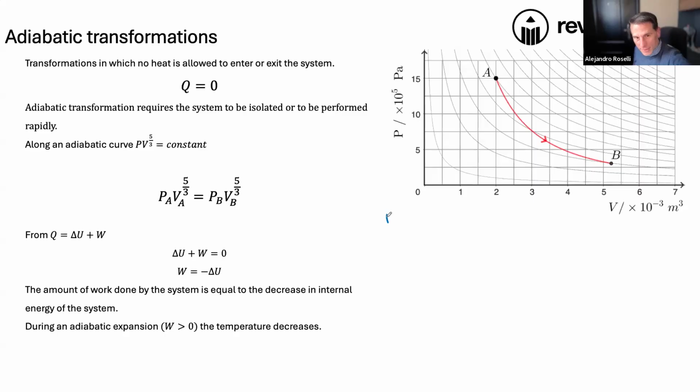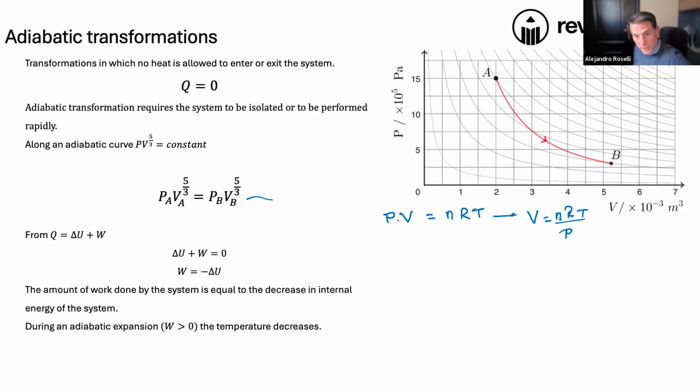So from the ideal gas equation, specifically for your question, Omar, PV equals nRT. Let's solve it for V, which leads to V equals nRT divided by P. And that needs to be affected by a 5/3 power.